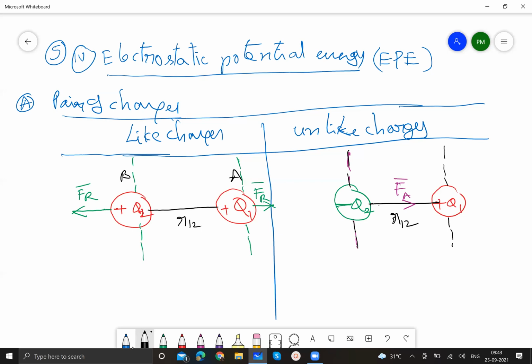Just as you are doing work in holding a body at a certain height above the ground against the gravitational force, and the work done against the gravitational force will be stored in the body as gravitational potential energy, in the same manner here also, whatever work you do in holding these two like charges against Coulombian repulsive force or unlike charges against Coulombian attractive force will be stored in that configuration as electrostatic potential energy.